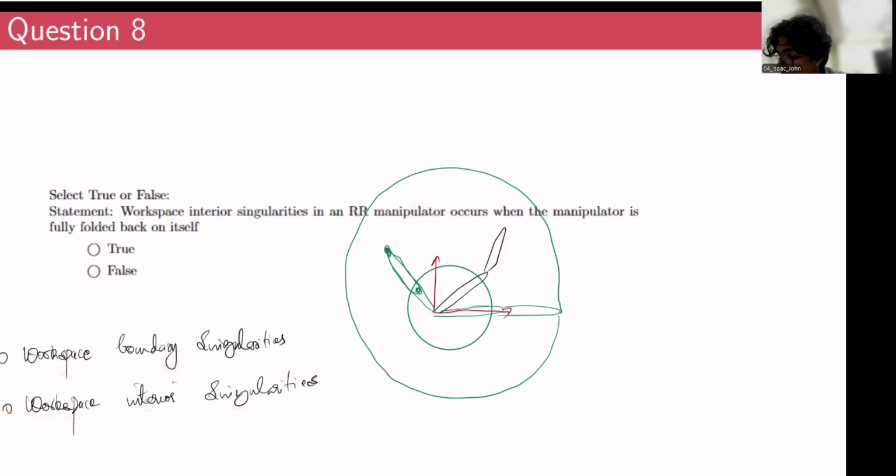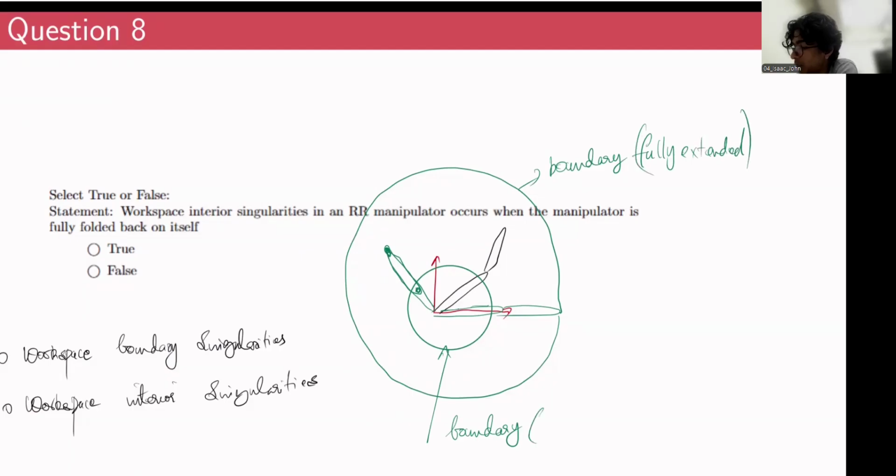So the question asks whether interior singularities occur when the manipulator is fully folded back on itself. That is false, because when the manipulator is fully folded back on itself, it goes to an inner boundary. This is a boundary, this is again another boundary, and this is still a boundary when the robot is fully extended.